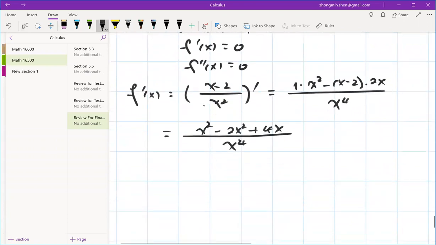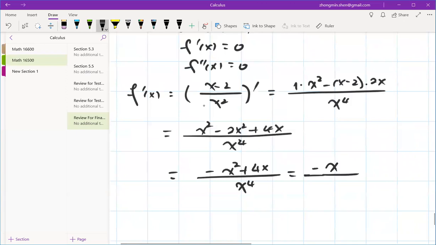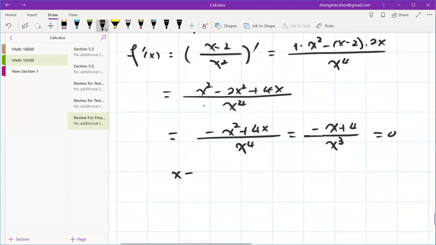I think we can cancel x and x. All right, so this is the simplified version. If we set this to be 0, x equals 4. Okay, so this is the place where you get the maximum point.